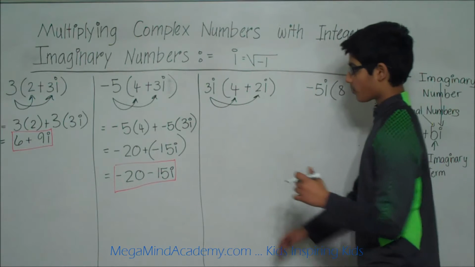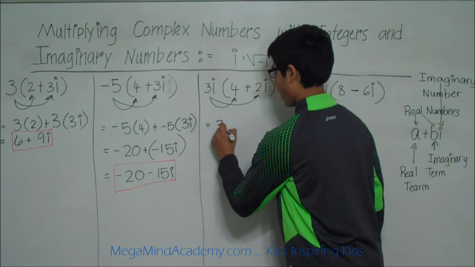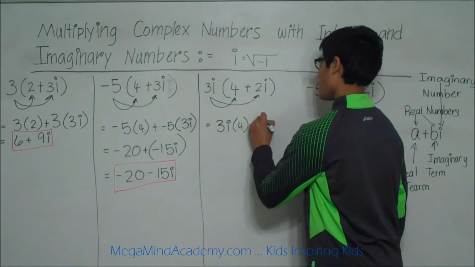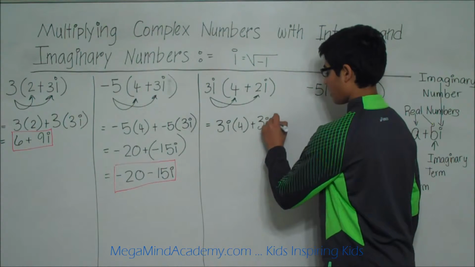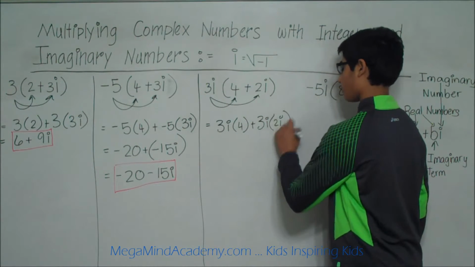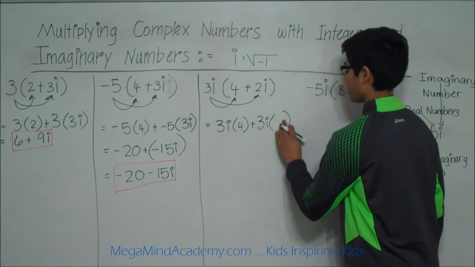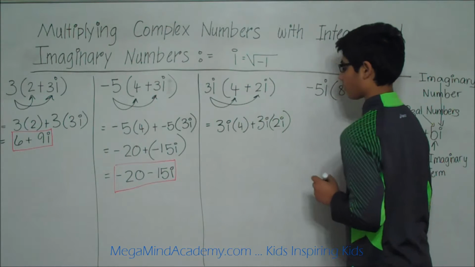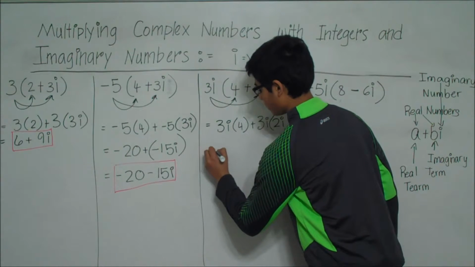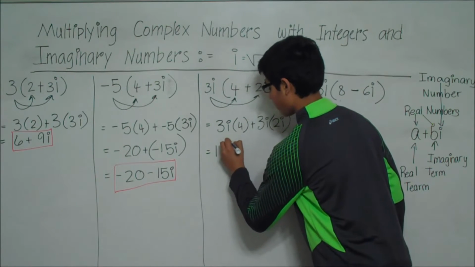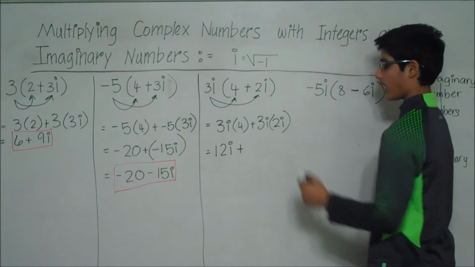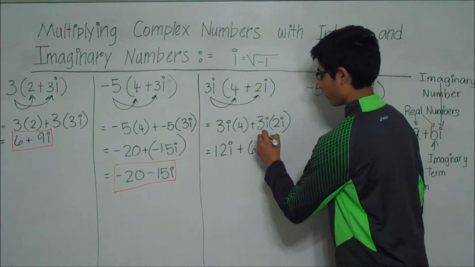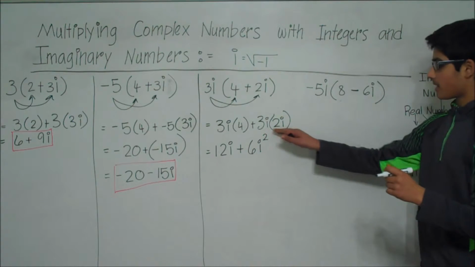So we get 3i times 4 plus 3i times 2i. So it's equal to 12i plus 3i times 2i is 6i squared, because i times i is i squared.